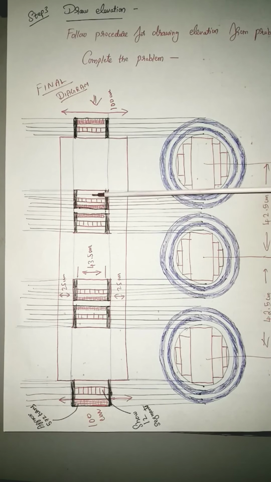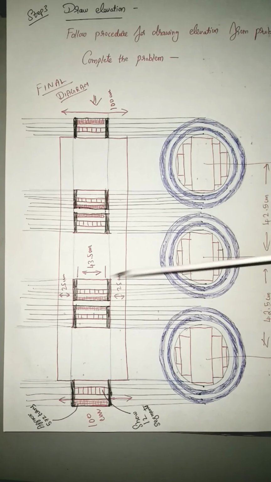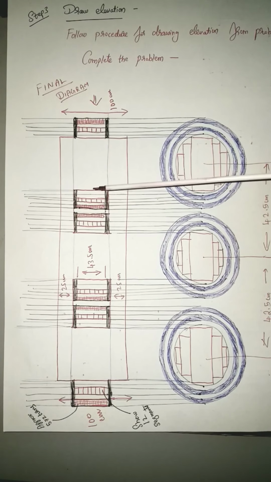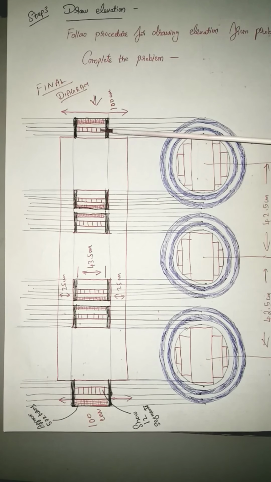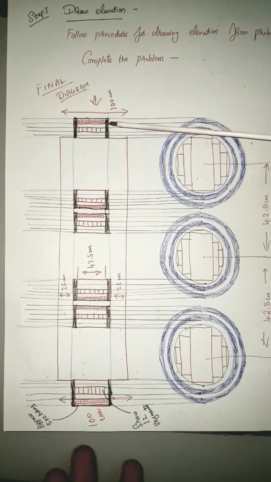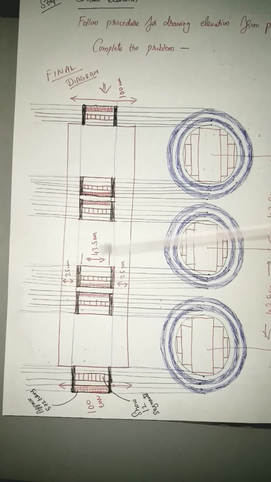After getting the windows, you'll have to project the windings. And then similar to what we did in the previous problem, you'll have to represent the windings. The only difference in this problem is here they have given number of turns per phase. So they have given 12 turns per phase. So just draw 12 lines here in this hatch pattern. And for the second case they have given 572 turns.